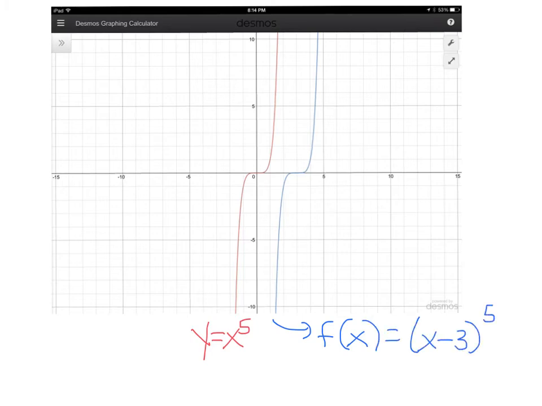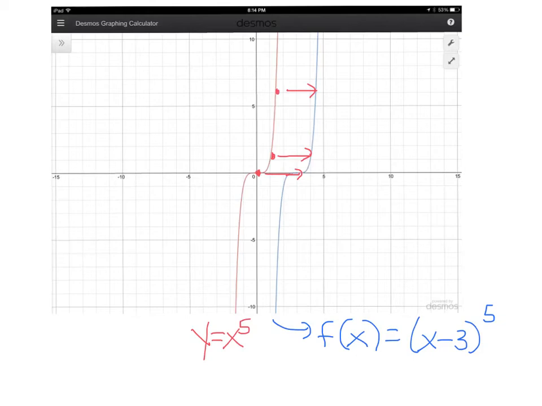You can see that both graphs have the same shape, just the blue graph has been shifted 3 units to the right. If I take a couple different points, you can see that each of these points has been shifted over 3 units to the right.